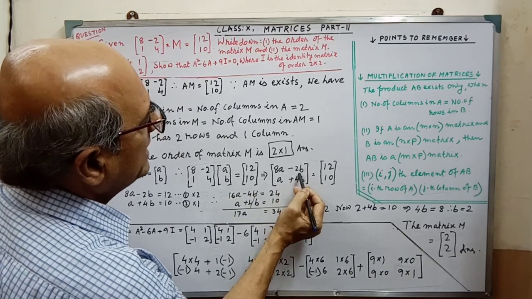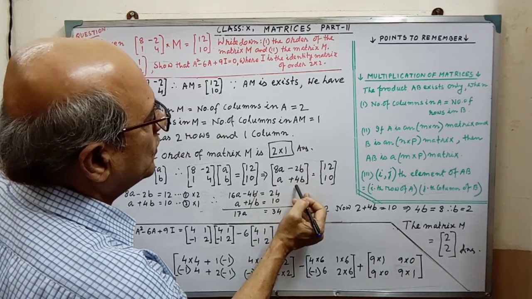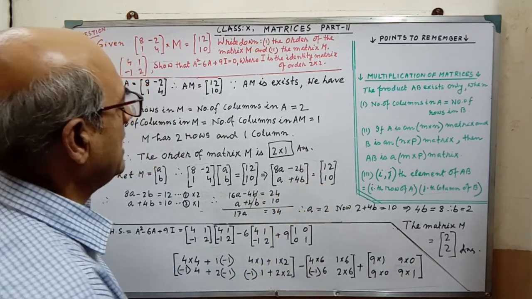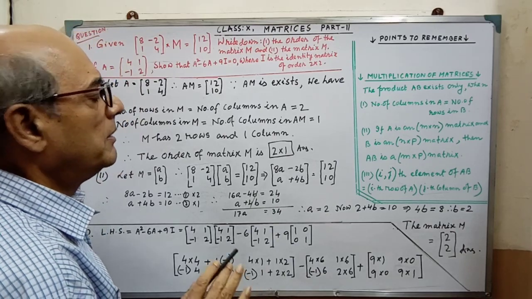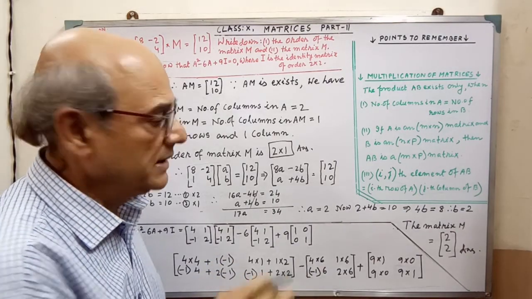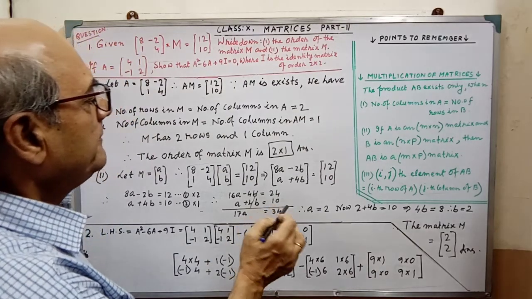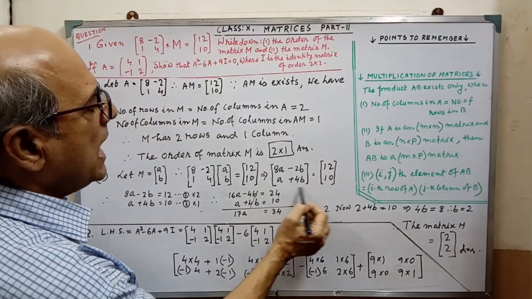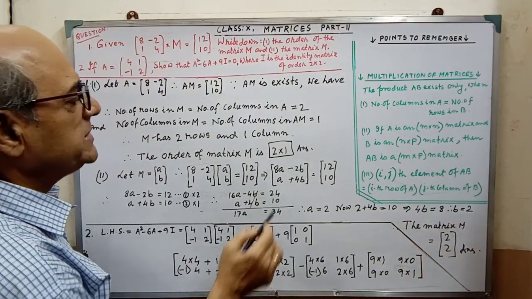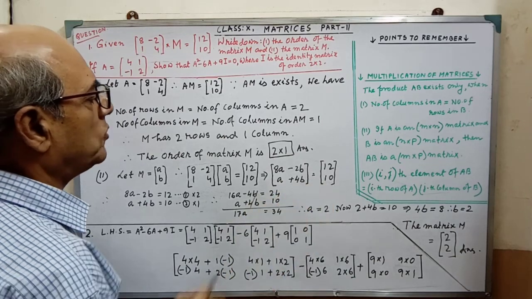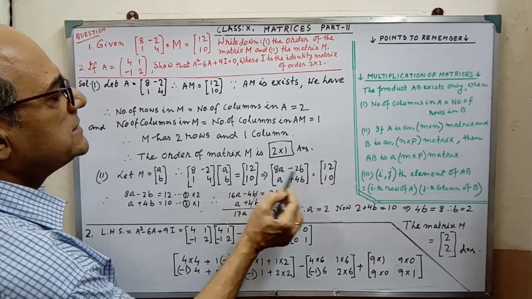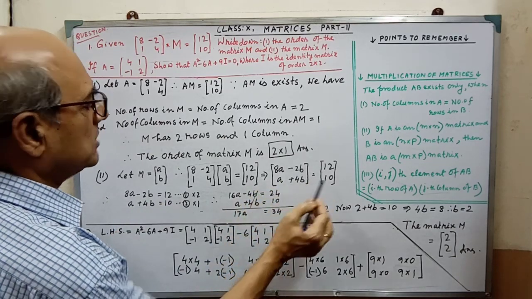That is 8A minus 2B and A plus 4B equals 12, 10. Multiplication, very simple here. Then the two matrices are equal. That means each element will be equal. Therefore, this equals 12 and this equals 10.